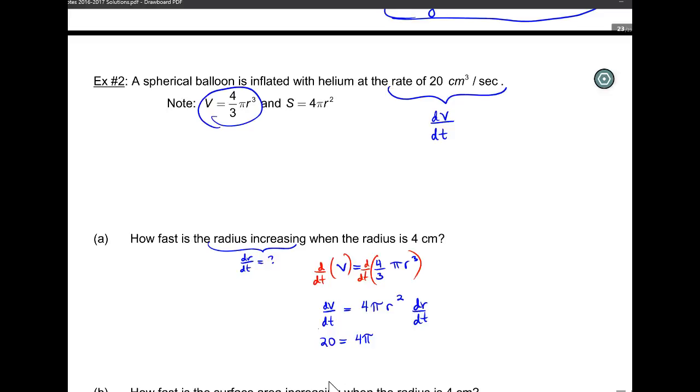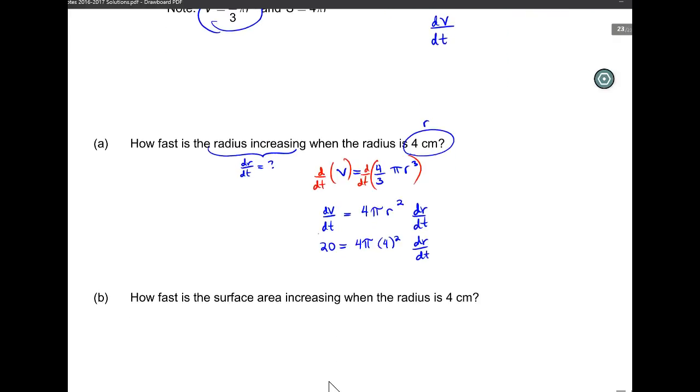Now r squared, so now we can plug in when r is 4. So 4 squared. And dr dt, that's what I'm looking for. So that's 4 squared, 16 times, so 64 pi. So I want 20 divided by 64 pi, which gives us 0.099.